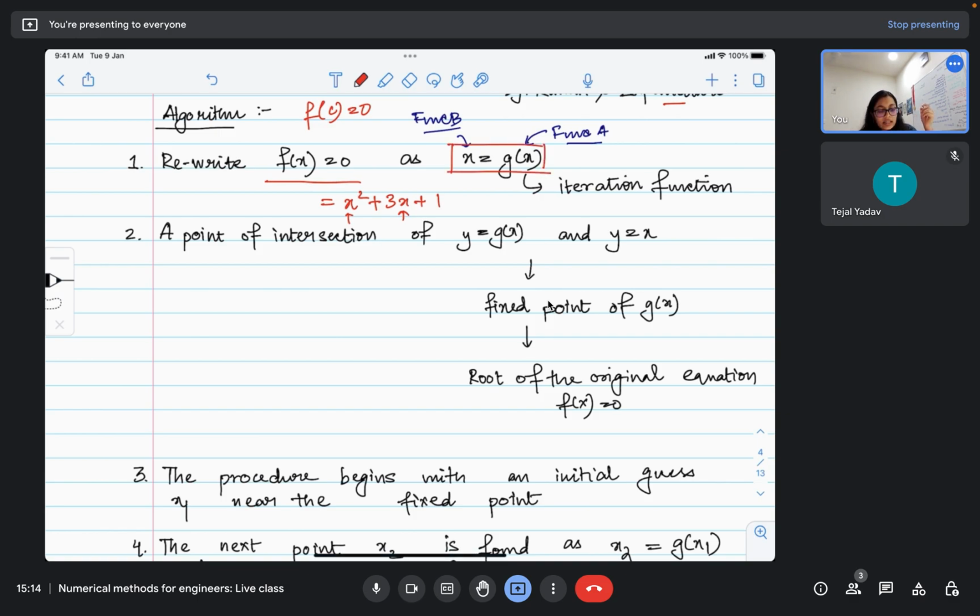Now, this is known as an iteration function, and there you can identify two sets of functions. The one that you have written on the LHS, that is the one x that you have separated out, is one of the functions, a or b, and whatever is remaining on the other side of the equality sign is the other function.